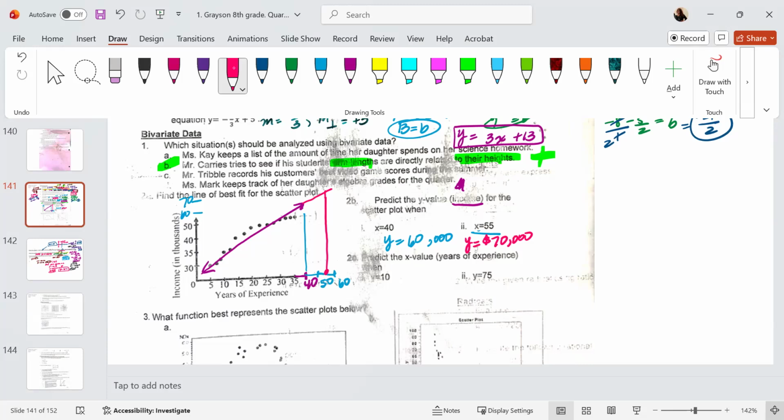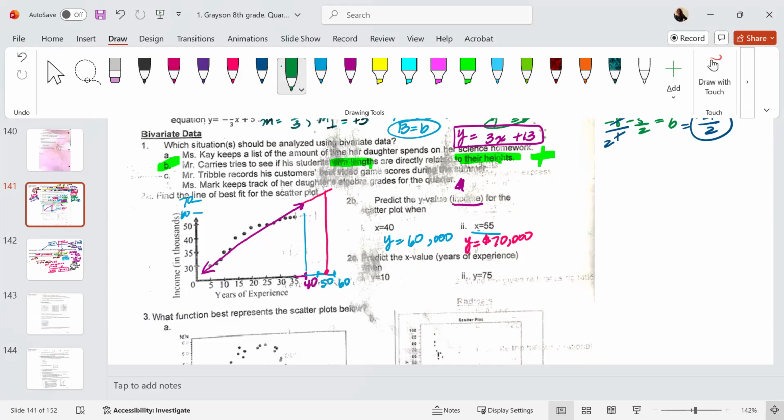Predict the X value of experiments when Y equals 10 and Y equals 75. Okay. Predict the value X. So now we're looking at X when Y equals 10, right?